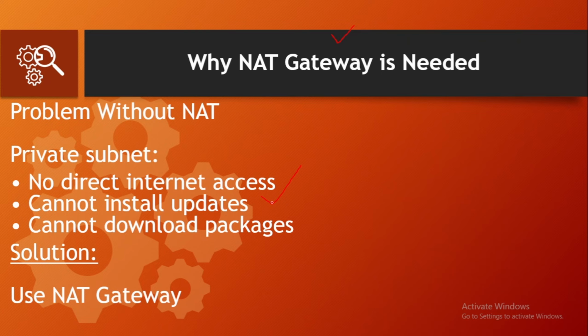You cannot access external APIs. So even though your instance is secure, it becomes difficult to use in real world scenarios. That's where NAT gateway comes in. It solves this problem by allowing private instances to access internet without making them public.